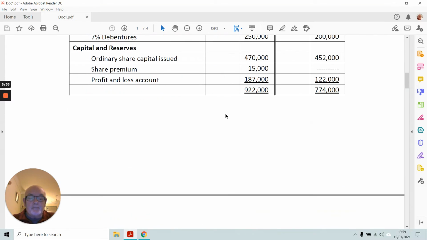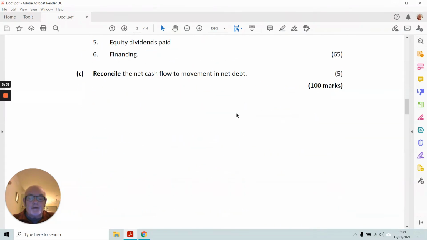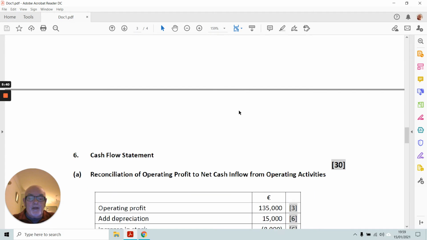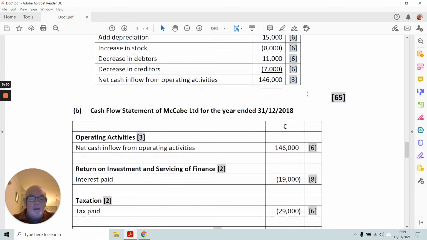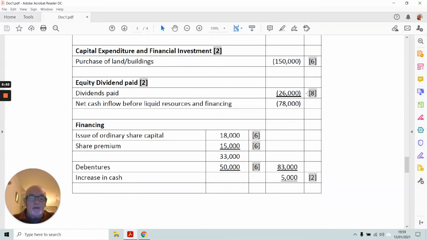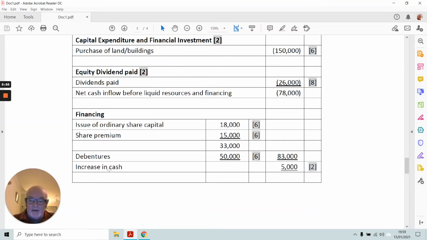So we'll see in the start of our question, we'll start with that operating profit of 135,000, and we end up with, down here, that increase in cash of 5,000.